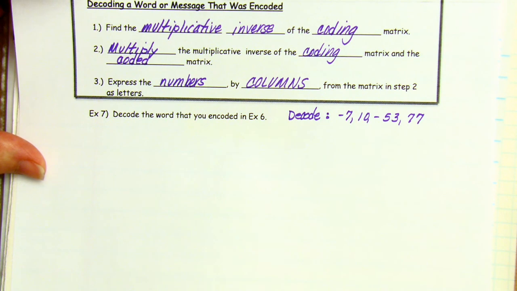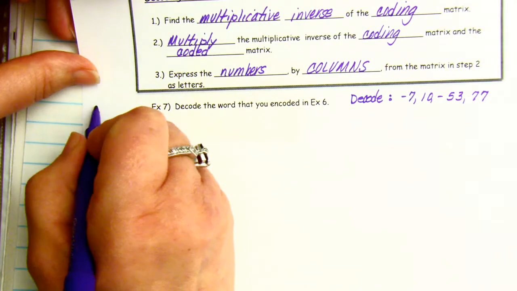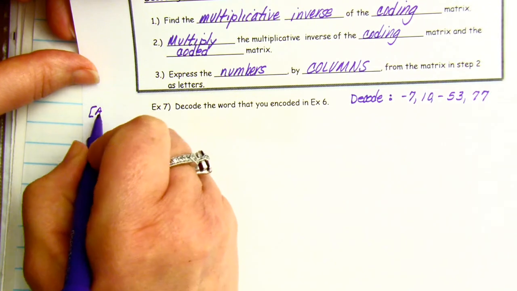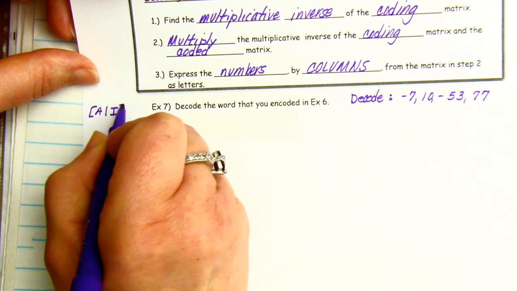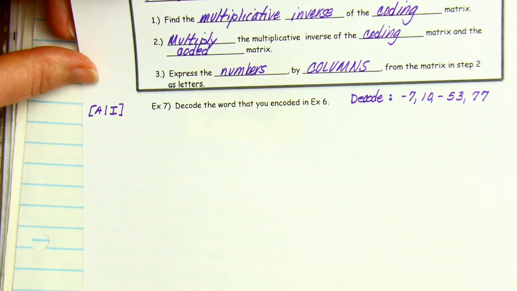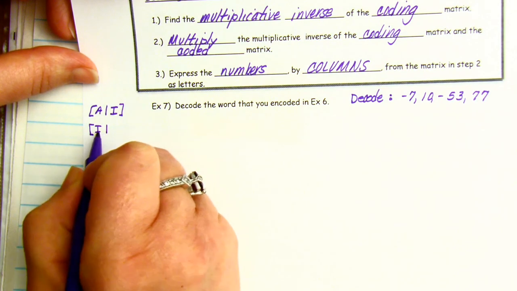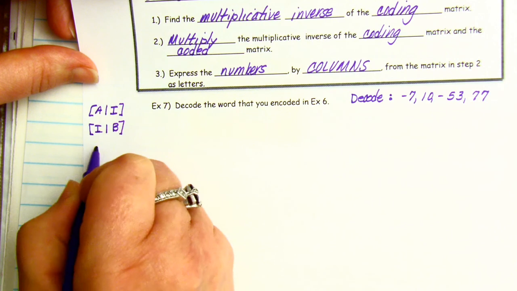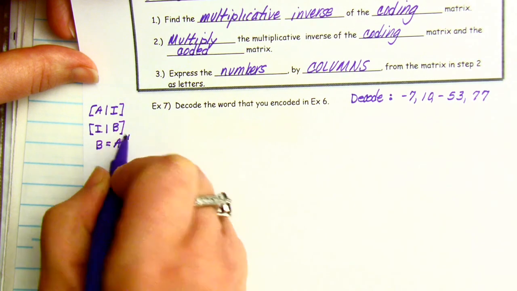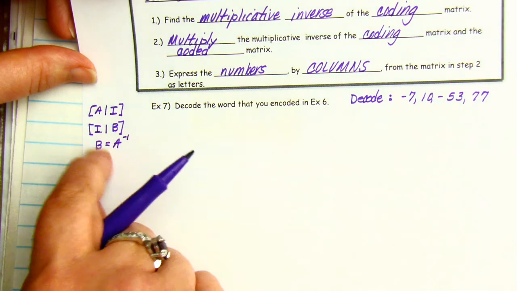You remember from the notes, you'll have to set up matrix A, which is your coding matrix, and make it an augmented matrix with the multiplicative inverse matrix next to it, and then perform those row operations to make the matrix look like reduced row echelon form on the left, and a second matrix B, and then B would be equal to inverse A. Okay, so for those problems where it's larger than a 2 by 2, you'll have to do this.